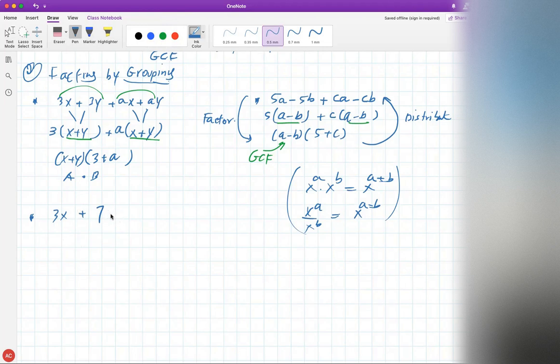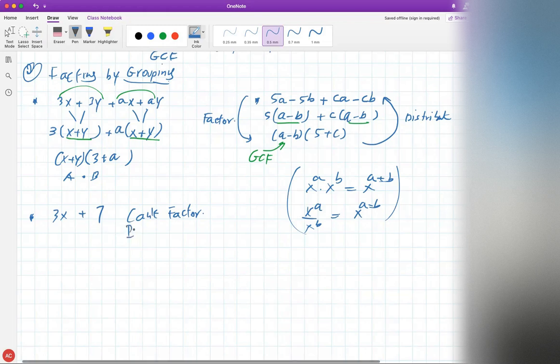We call this a prime polynomial. Not everything can be factored. Sometimes there is no common factor, no GCF, no grouping can be used. So we call those prime polynomials.